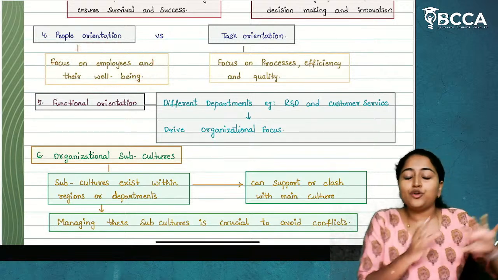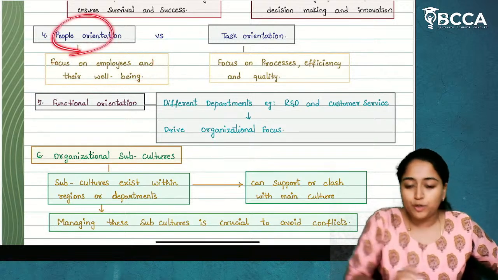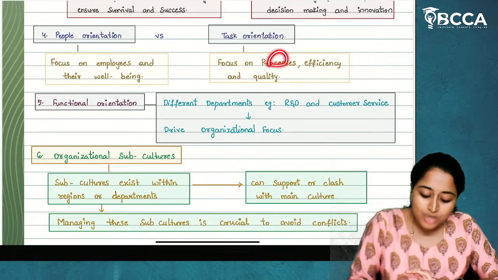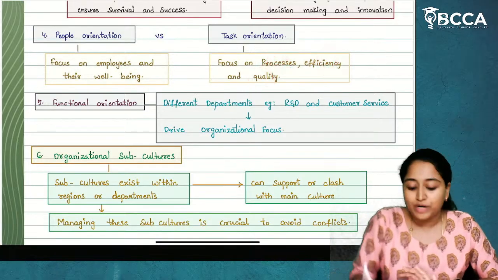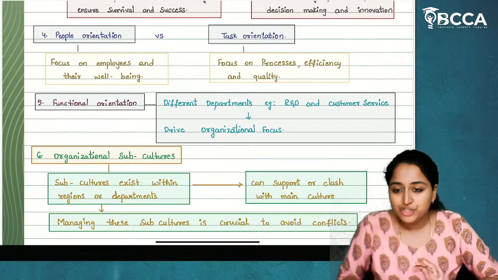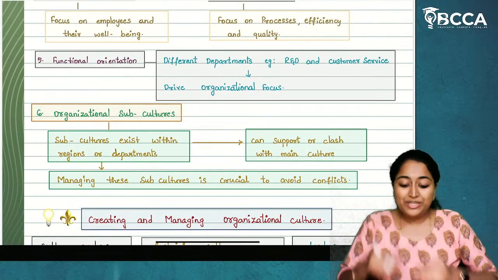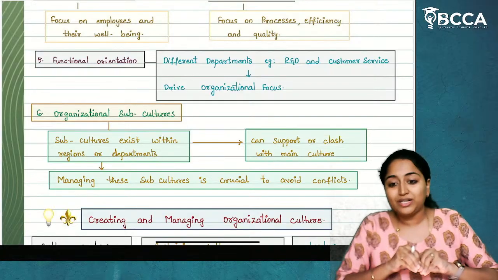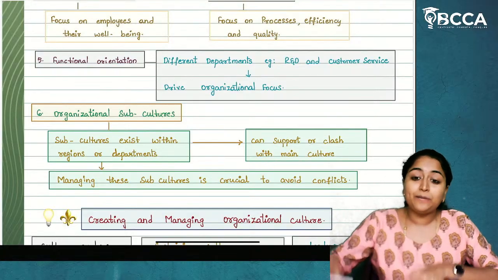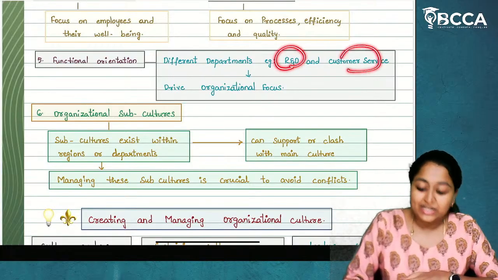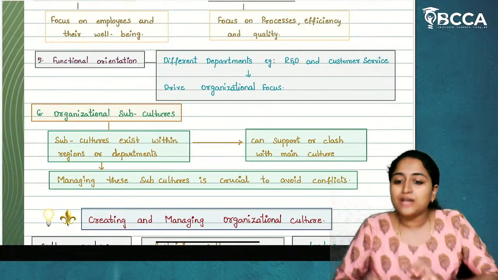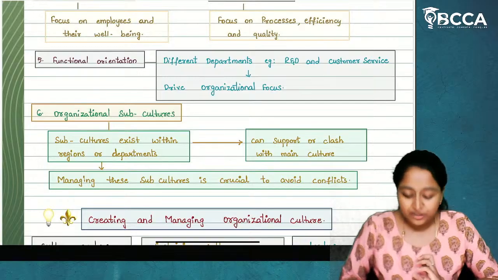If it is entirely focused on the well-being of employees, it is people orientation. If it is focused on process, efficiency and quality of production, then it is task orientation. It can be based on functional orientation also, which means the departments inside the organization majorly depend upon functions, like R&D and customer service. So based on that also culture will differ.